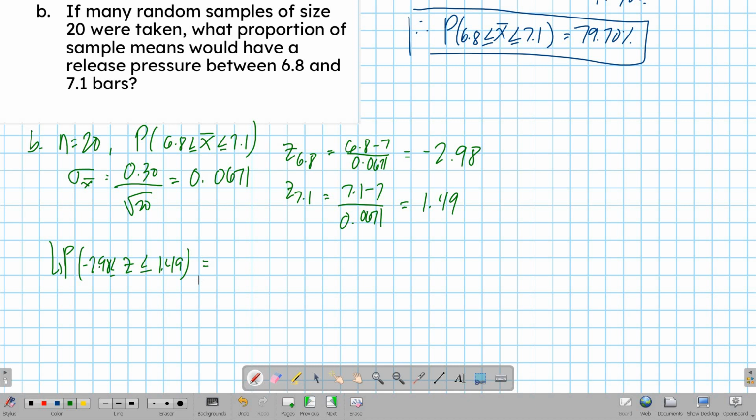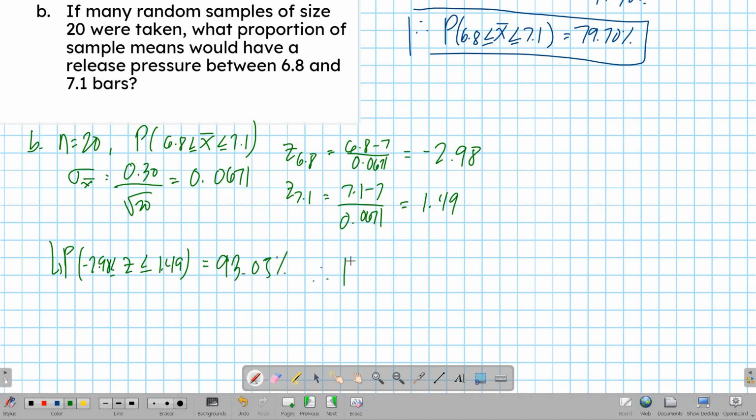We already know how to do this, and we're going to get 93.05%.